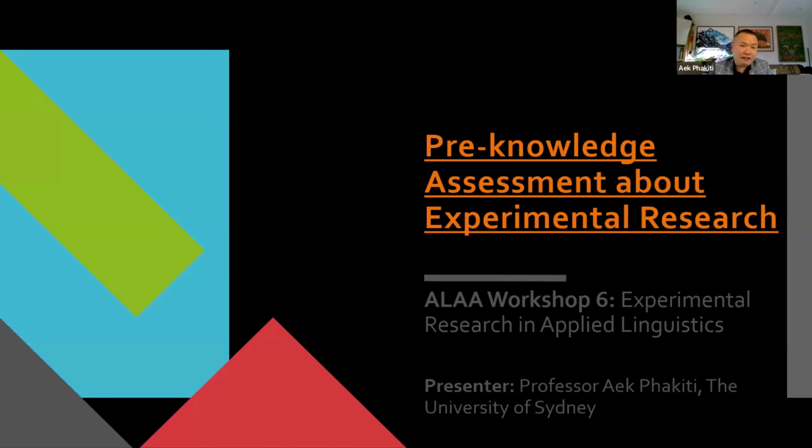You know what measurement error is? Measurement error, anyone? No? Okay, it's to do with the instruments, right? If you give English proficiency tests, it may not be reliable, right? So when it is not reliable, it's full of errors in there.